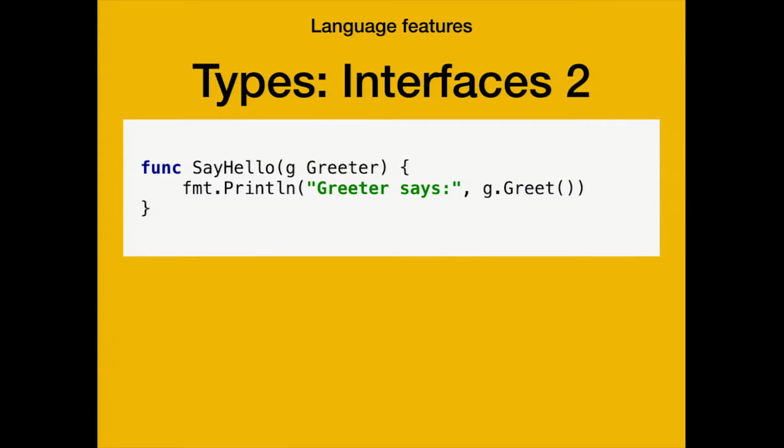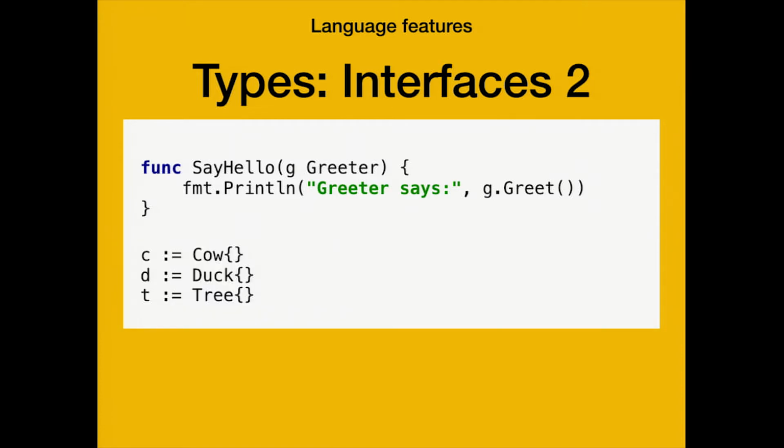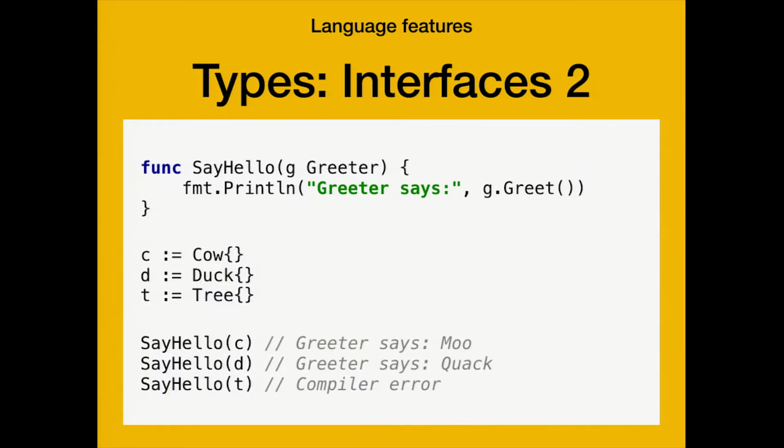This is a use case. In another part of your application you have the say hello function, which accepts a greeter. Any object or any data structure, any type basically, that implements the greeter interface, you can use like that. If you have a cow, a duck and a tree, and you feed them all to the say hello function, the cow says moo, the duck says quack, but the tree gives a compiler error.